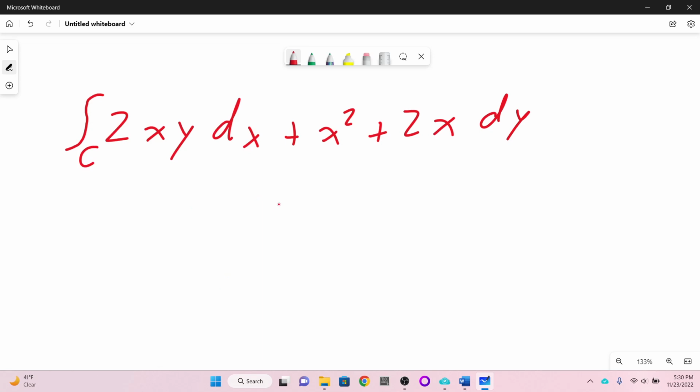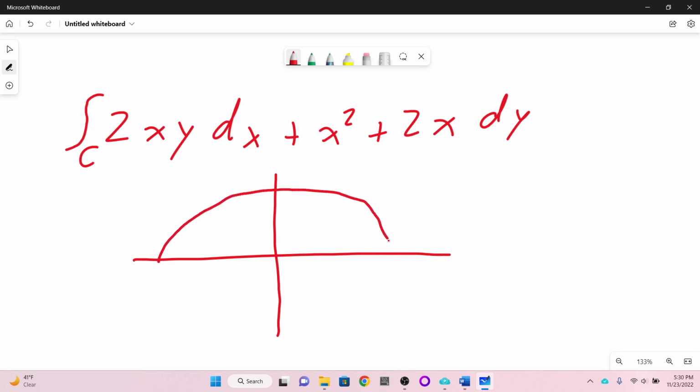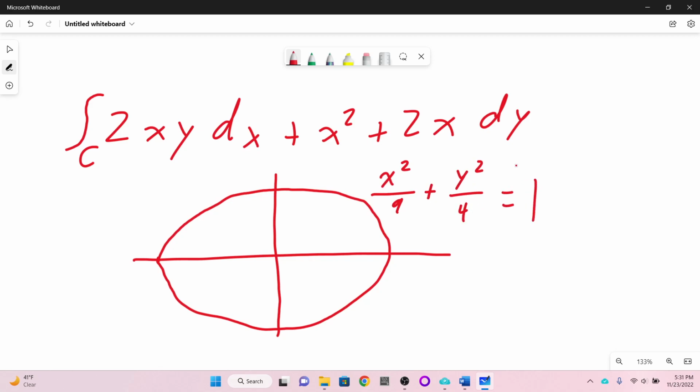And what we have is an ellipse given by x squared over 9 plus y squared over 4 equals 1.